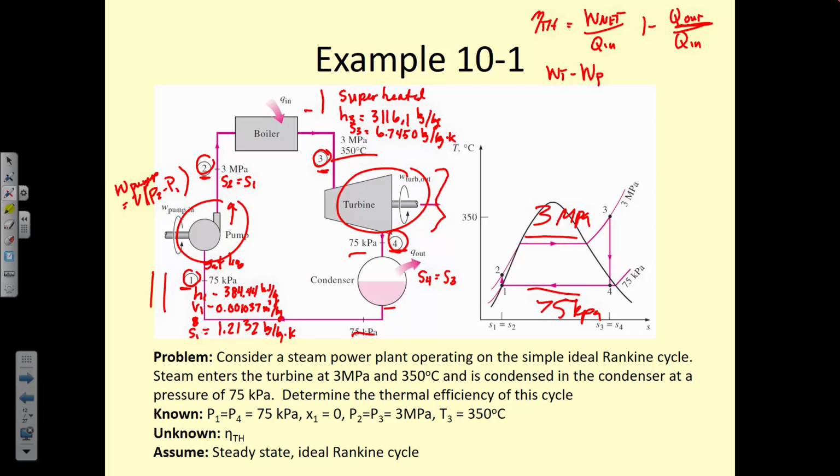Okay, so we know state 1 and we know state 3. And for state 2, we know that 3 megapascals is the pressure. We know that S2 is equal to S1, so we could use that to find H2. An alternate way to do that, I'll go to the next slide just so I have more room. The work of the pump is equal to V1 times P2 minus P1, which is also equal to H2 minus H1.